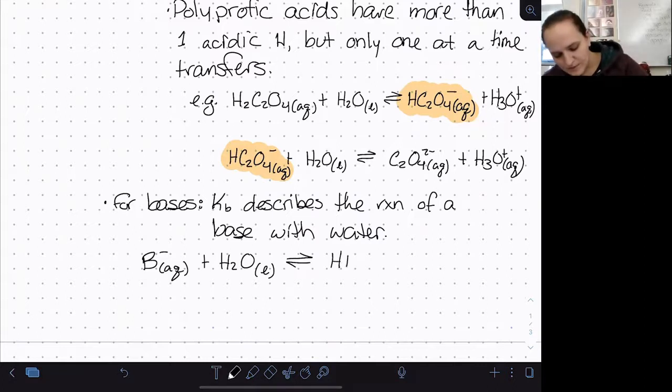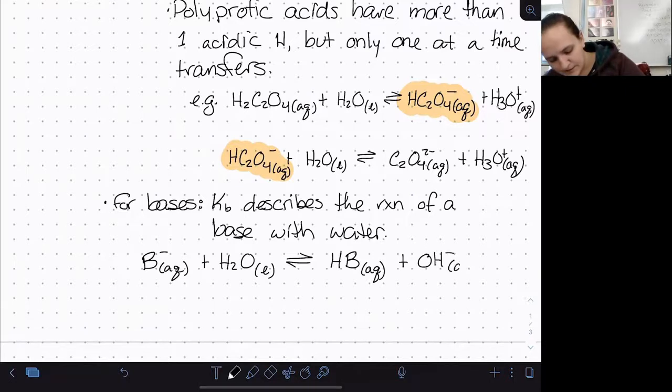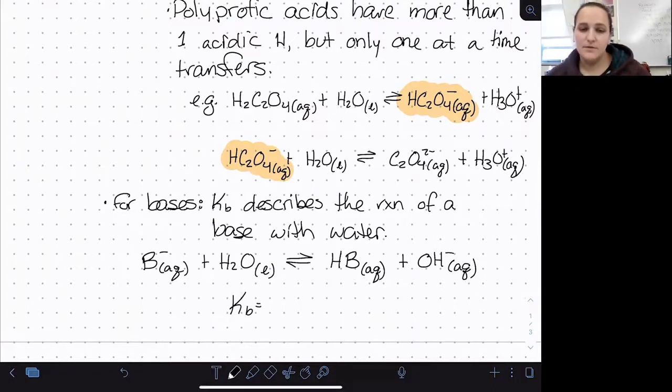So when the base, which I had as B minus, an anion initially, just as a generic representation, gains H plus, it's going to become HB. And when water loses H plus, that's going to become hydroxide. So our equilibrium constant for this type of equation is known as Kb.